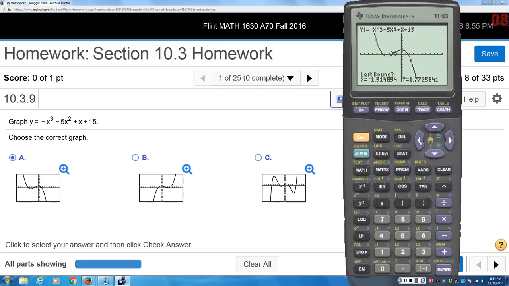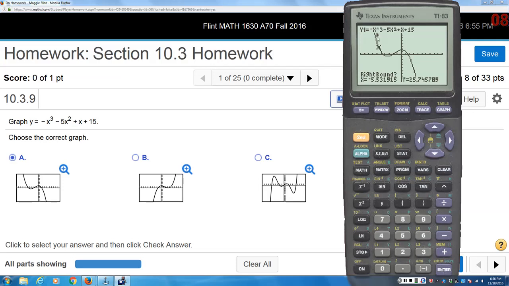It wants me to move that little point crawling along that line until I get to the left of where it crosses the x-axis. Just anywhere, as long as you are to the left of where it crosses the x-axis. Then you press enter to say, okay, start here.